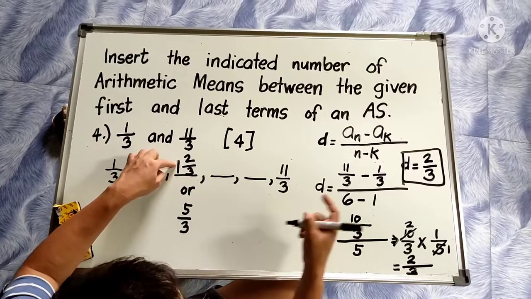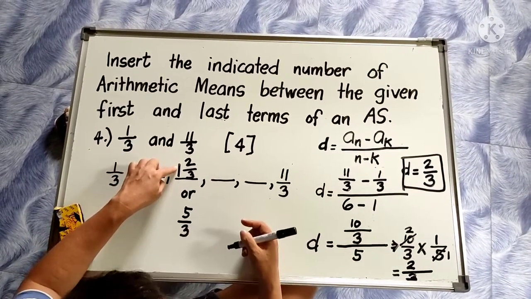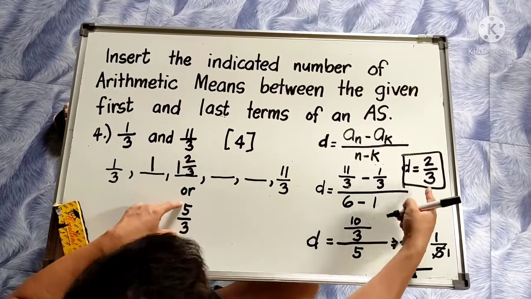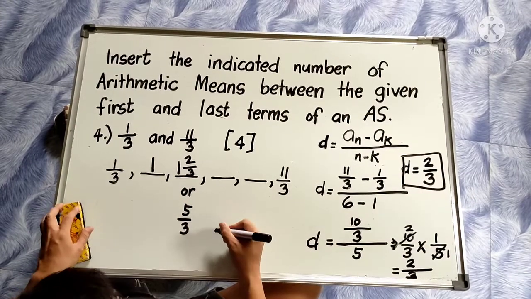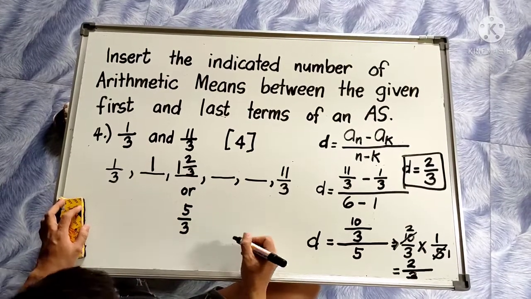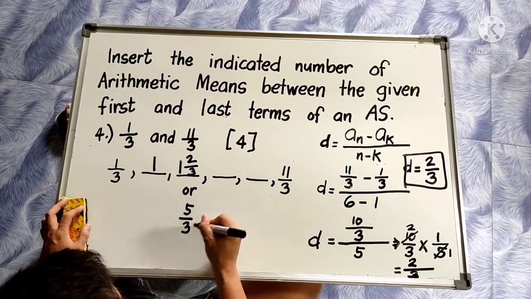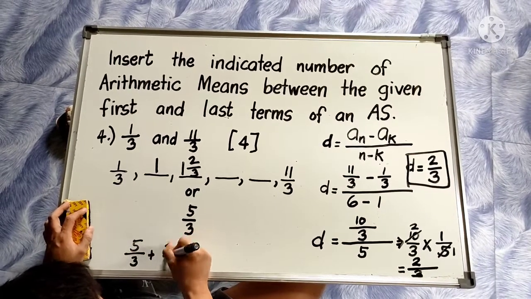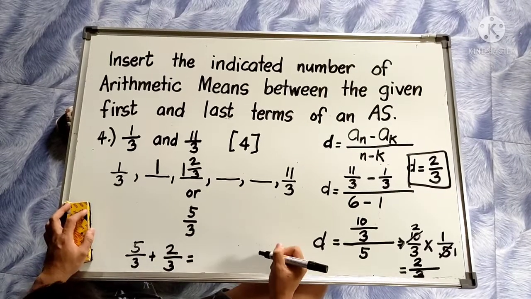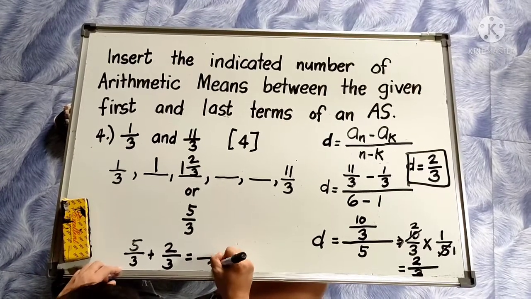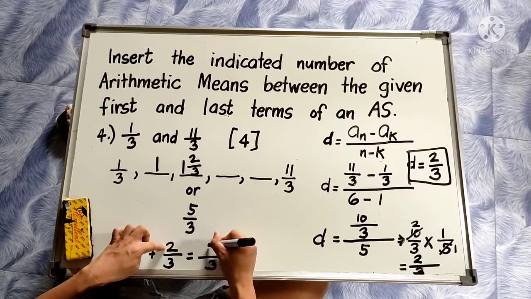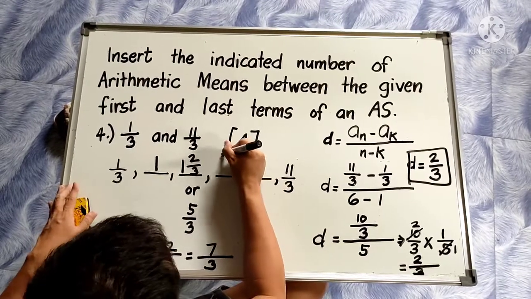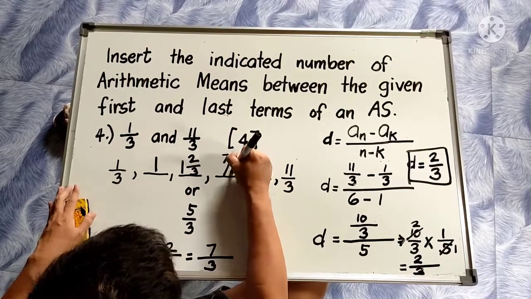1 and 2/3 plus 2/3, or 5/3 plus 2/3. So we'll have it here. 5/3 plus 2/3 is equal to, copy the denominator, 3, 5 plus 2 is 7. So 7/3 is the answer.